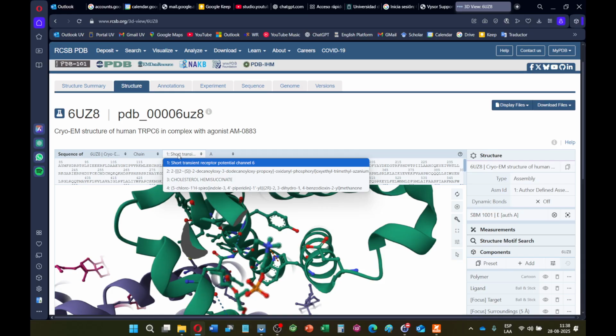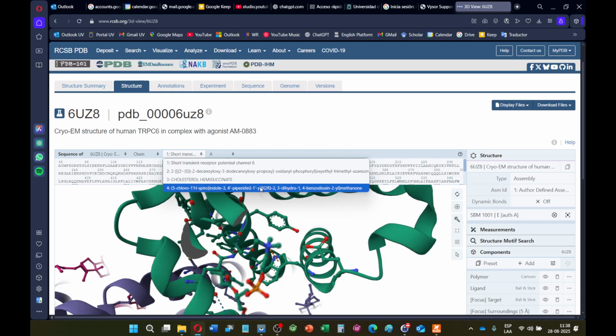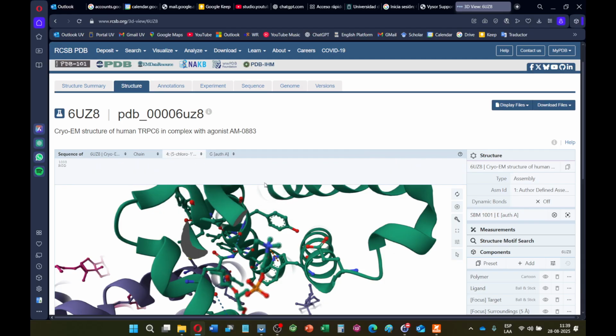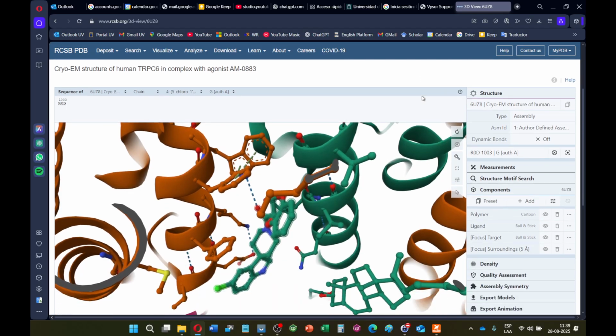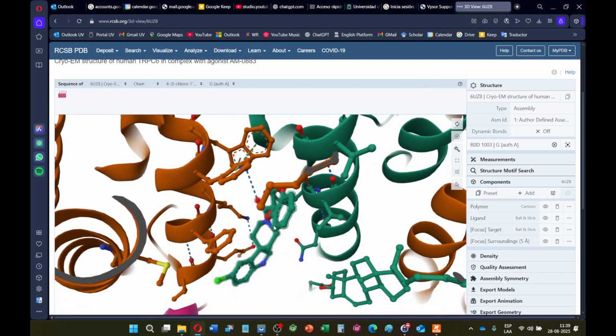Then here in this option, we select the name of the compound that we saw, this number 4R0D, and now this is centered. Automatically and in green, it shows the drug binding, establishing the intermolecular interactions with the rest of the protein.